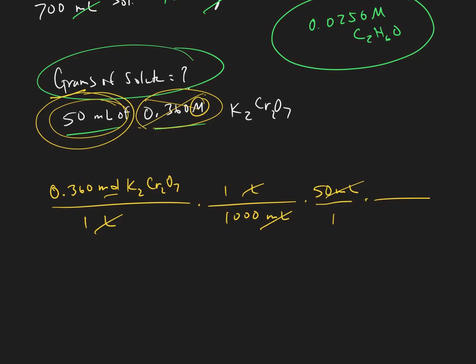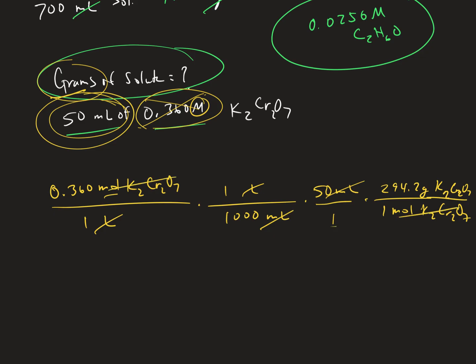Okay. All right, so we hit grams yet? No, so we keep going. Molar mass of K2Cr2O7 is 294.2. Thank you. 294.2 grams of potassium dichromate. The moles go away, we're left with grams.